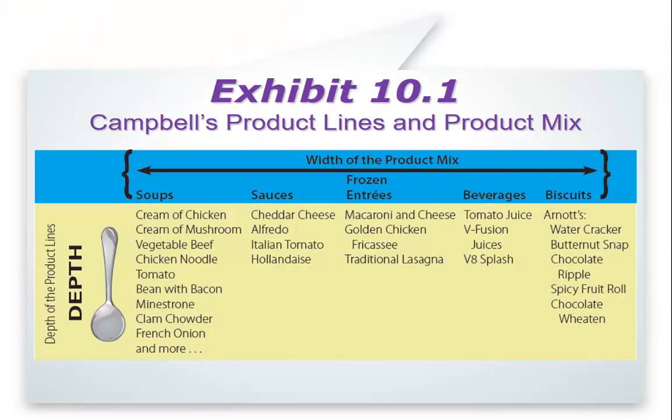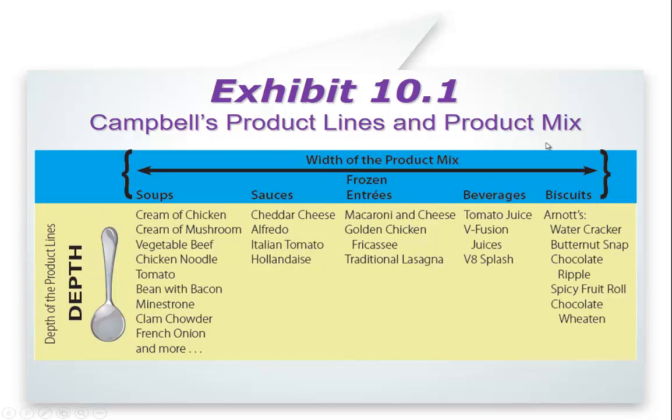Exhibit 10.1 shows Campbell, the soup manufacturer's, product lines and product mix. Here, cream of chicken or cream of mushroom is the product item, but the collection of the soup products here is the product line. And there are different product lines such as soups, sauces, frozen entrees, beverages, and biscuits.